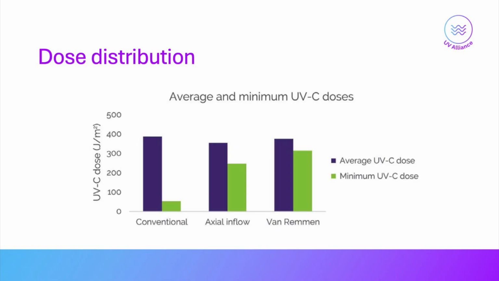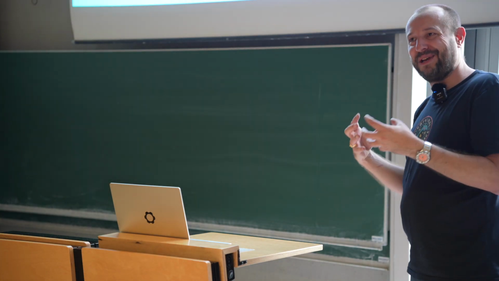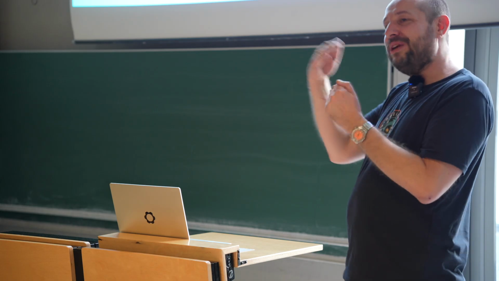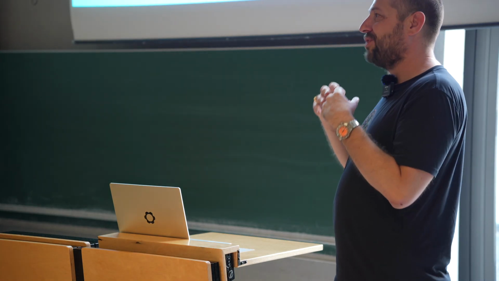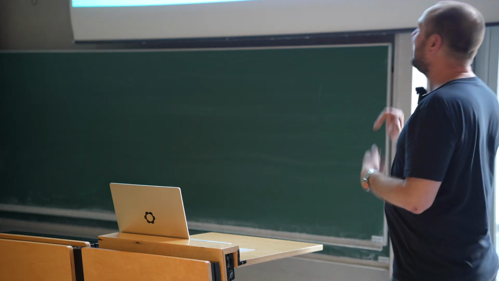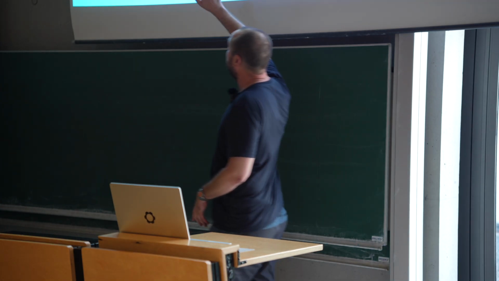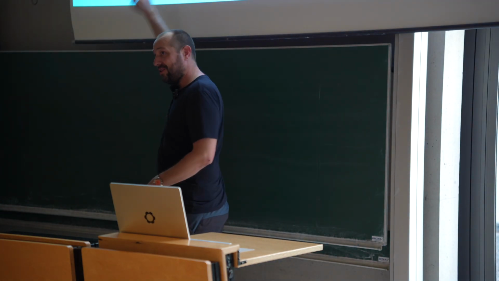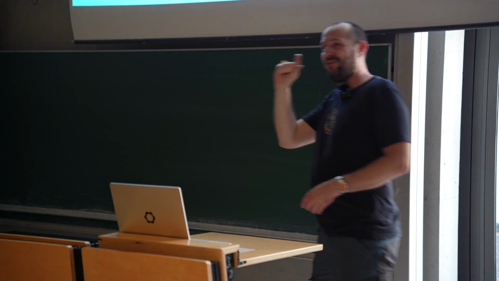We discovered this also 20 years ago, 25 years ago in our company when we made a system, and it didn't really matter how much more lamp energy we put in, we couldn't reach more disinfection. So we started modeling it, and we came to the conclusion that system had a really nice average dose, but the minimum dose was too low.